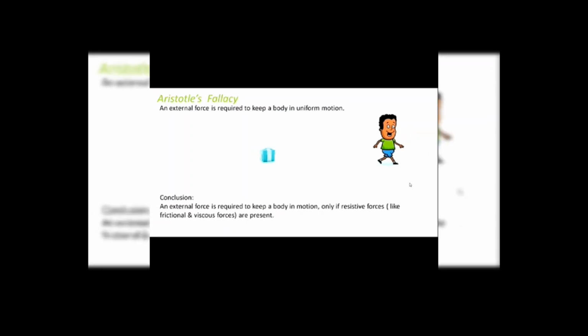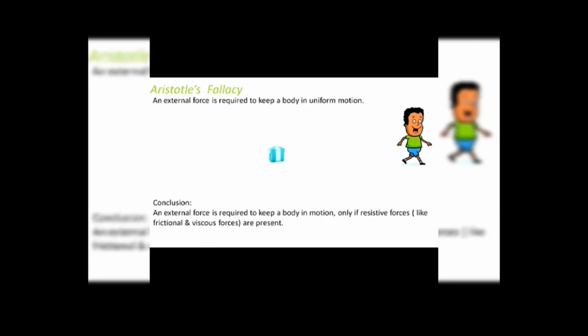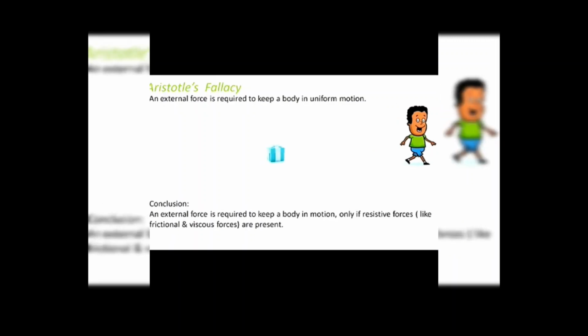Now, the moment the body starts moving on the ground, there's a frictional force which continuously acts on the body. And what is frictional force? It is a resistive force, a force that opposes motion. It doesn't want the body to move. Because of the frictional force, a body cannot move. The body can only move when an external force is applied to overcome the frictional force.